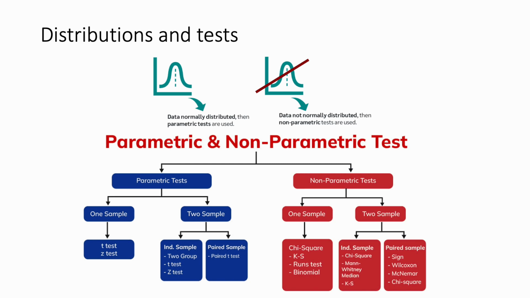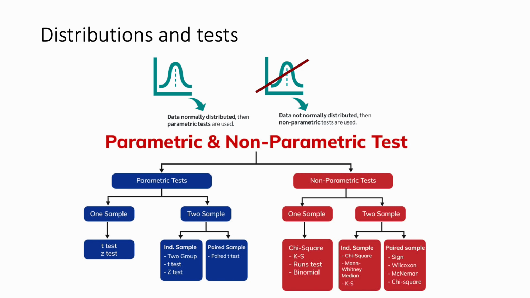If you have data normally distributed, you need to use parametric tests. These are all of the tests in the section of this flowchart which is in dark blue or blue on the left. So you can see the parametric tests. For parametric tests, if you have one sample, we use a t-test or z-test, depending on the number of samples.